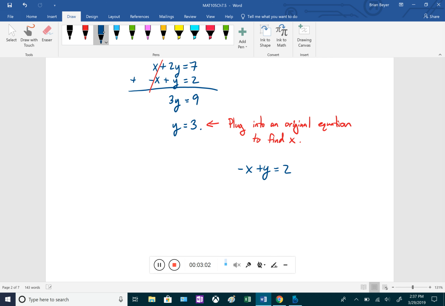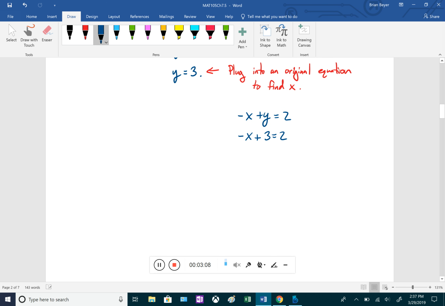So plug in 3 for y: negative x plus 3 equals 2. We subtract 3 on both sides, get negative x equals negative 1. Divide both sides by negative 1, and we get x equals 1. So that means the solution for this system is x equals 1 and y equals 3.